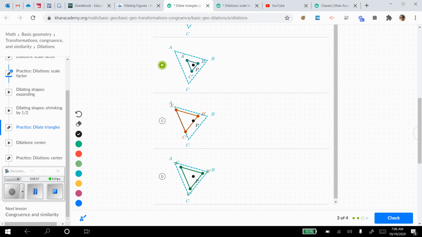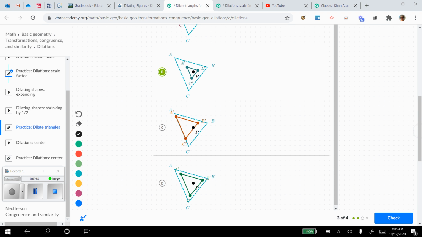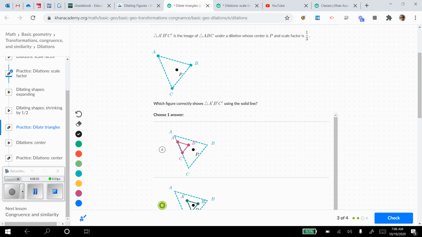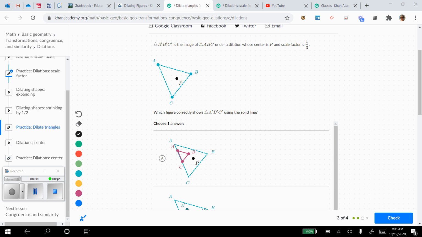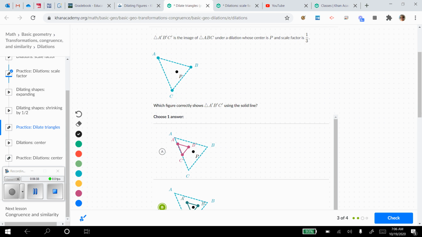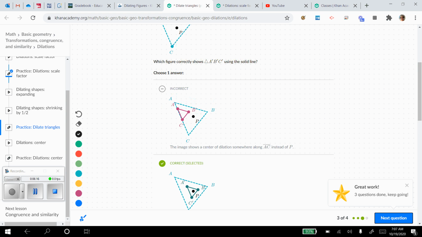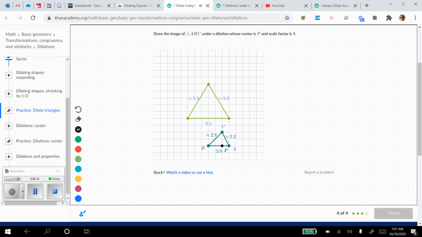It's not even half the length of the original triangle. So again, I chose B because point P is in the middle of triangle ABC. So for the dilation, point P has to be in the middle of our image, A prime, B prime, C prime, and it also needs to be a third the size. Let's check it. And we got it.